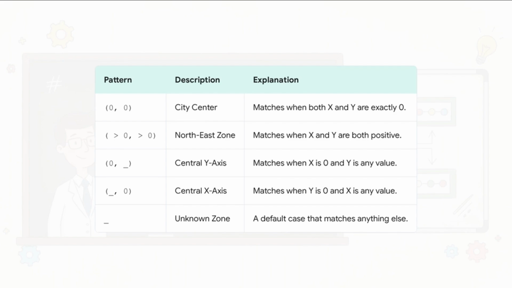Now here's where it gets really powerful. See that underscore in 0, underscore? That's the discard pattern. It's basically a wildcard, a way of saying, I don't care what this value is. So this pattern matches when x is 0 and y can be anything at all. And finally, that single underscore at the bottom, that's our catch-all, our default case.